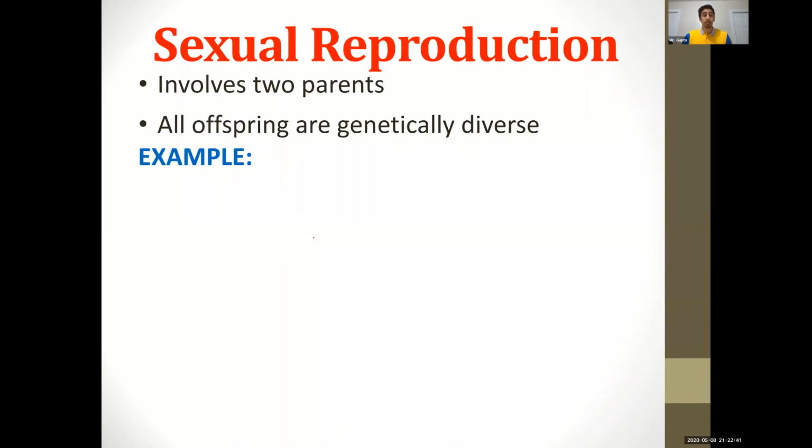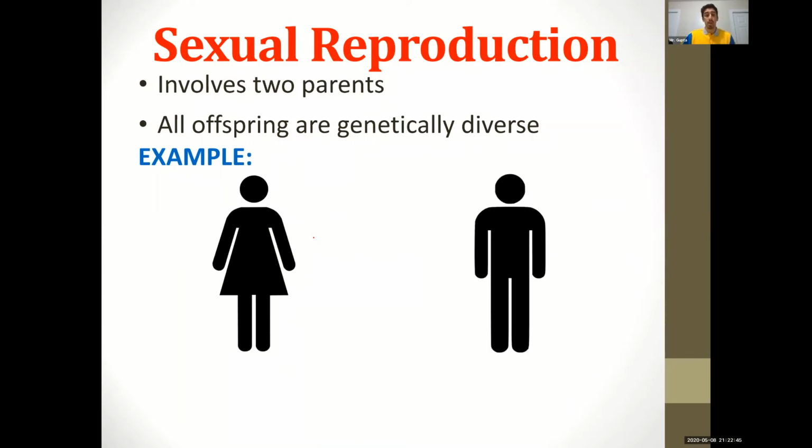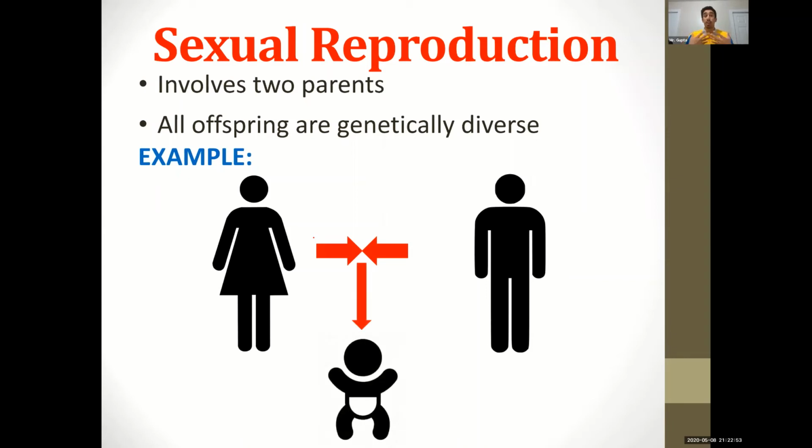So let's look at an example. We have a biological female human, we have a biological male human, and their gametes come together. And once their gametes come together, eventually a baby is formed, a new organism that is genetically diverse from both parents.